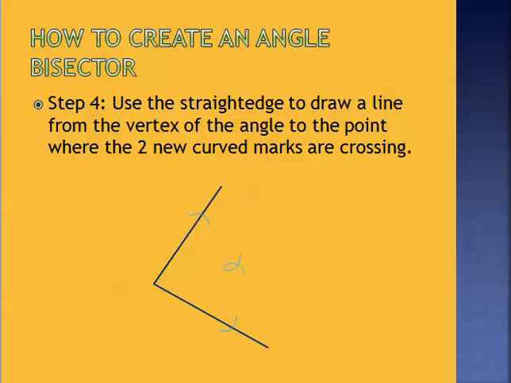Okay, so now step four, this is your final step. You want to use the straight edge to draw a line from the vertex of the angle. Now the vertex again is the center point of your original angle. And you want to draw a straight line from that vertex to where those two light blue marks are crossing in the center of your angle.